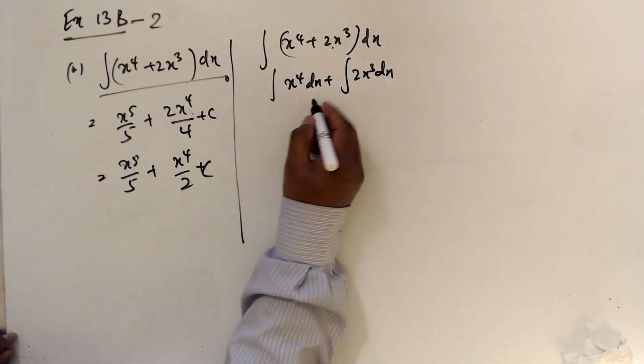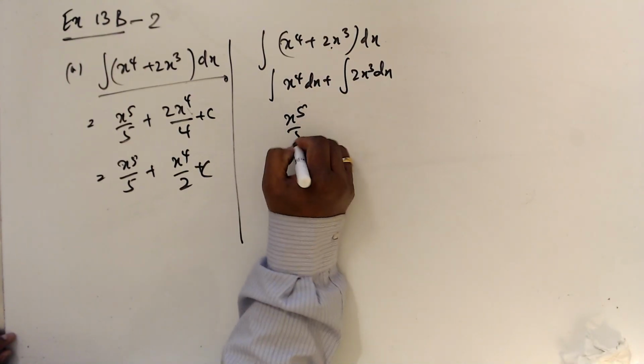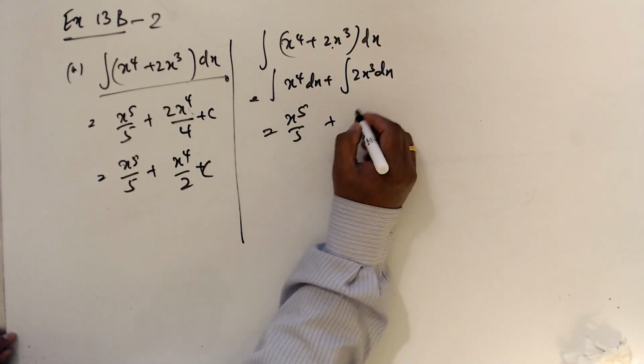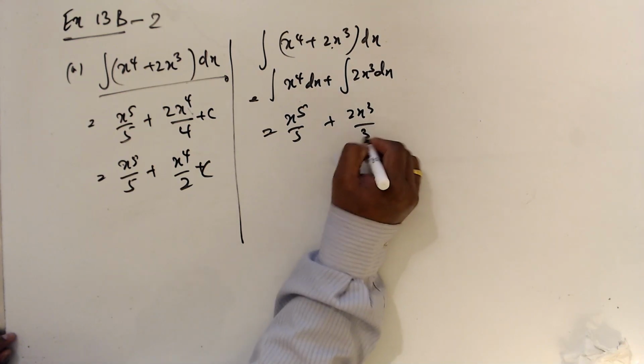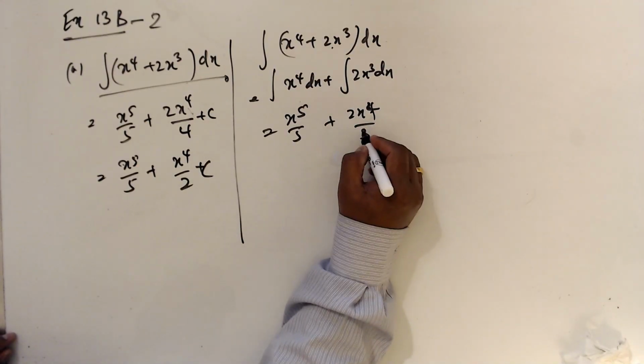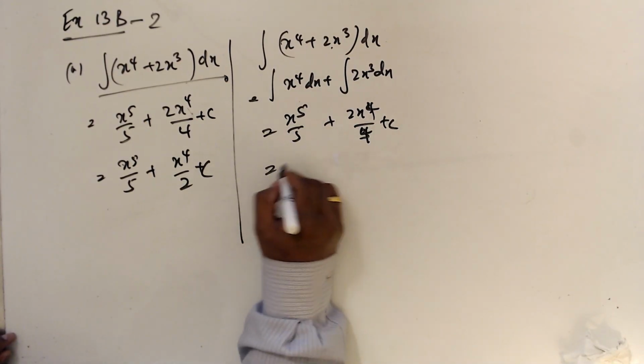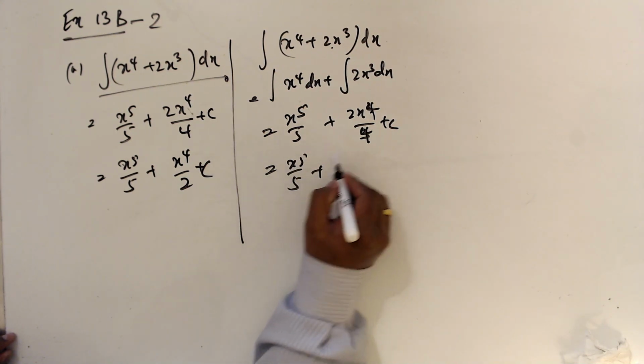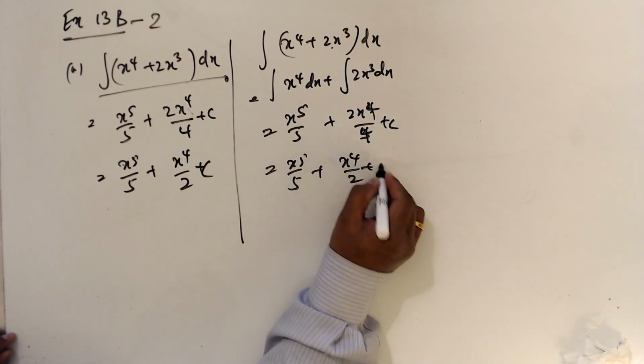The same answer after that: x^5 over 5 plus 2x^4 over 4 plus c, which is x^5 over 5 plus x^4 over 2 plus c.